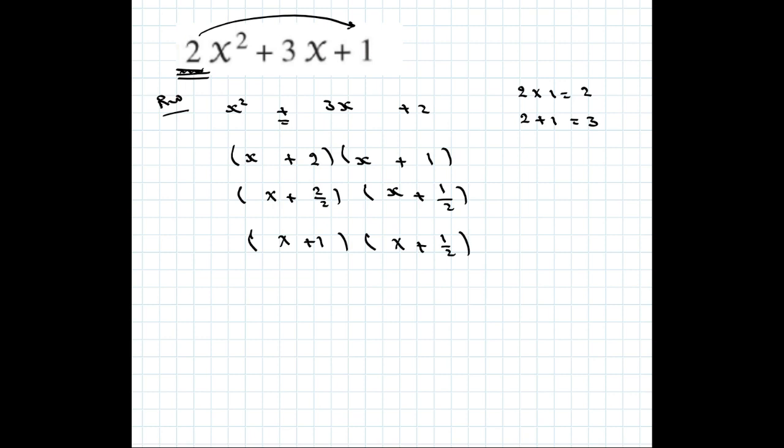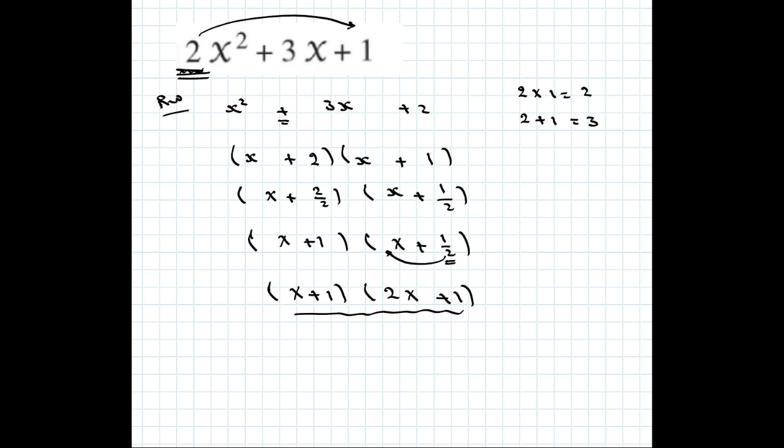Then we will write the denominator as a coefficient of x in the second bracket. The final answer will be x plus 1 and 2x plus 1. And voila! Now you can factorize a hard trinomial without using a calculator, with the simplest and easiest way ever.